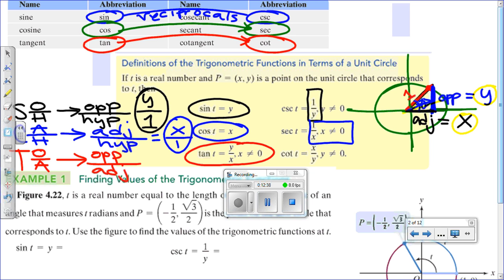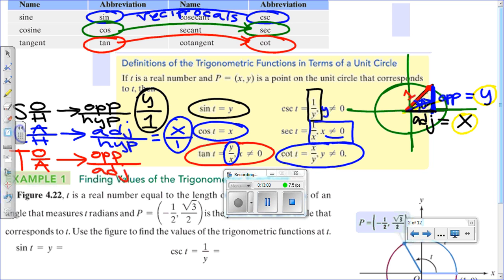And notice how here the x cannot be 0, and for this one I forgot to mention y cannot be 0. Okay, and then for cotangent, it is the reciprocal of tangent, so we take this one and we just interchange numerator and denominator, or you flip them, right? And so that will be the cotangent.